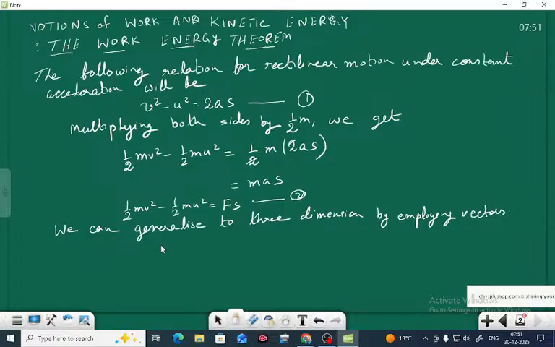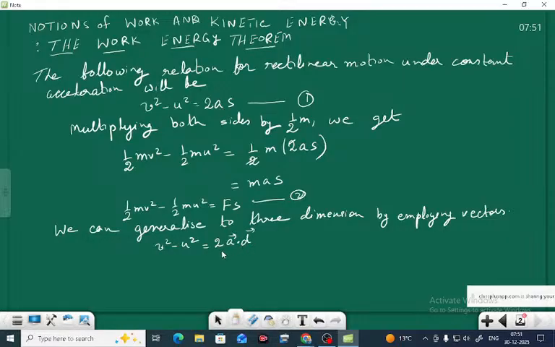So you can write, generalize this equation 1. v square minus u square is written as v square minus u square is equal to 2 a dot d, where d is the displacement.